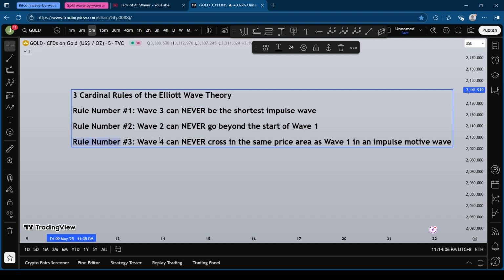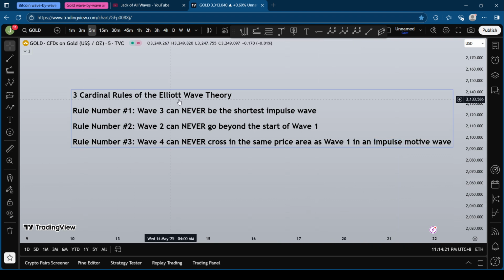While rule number 3, wave 4 can never cross in the same price as wave 1 in an impulse. Let me just highlight this, impulse motive wave. So these are the three cardinal rules of the Elliott wave theory. If you know these three cardinal rules, you will be guided in terms of wave counting and wave measurement.